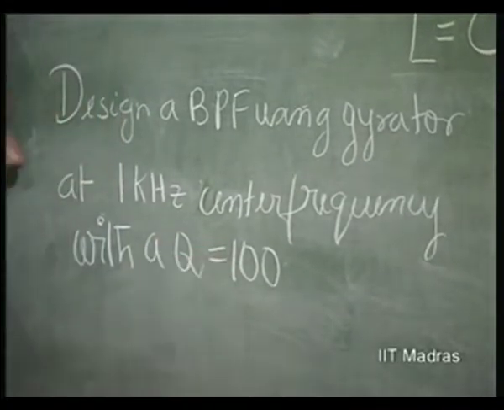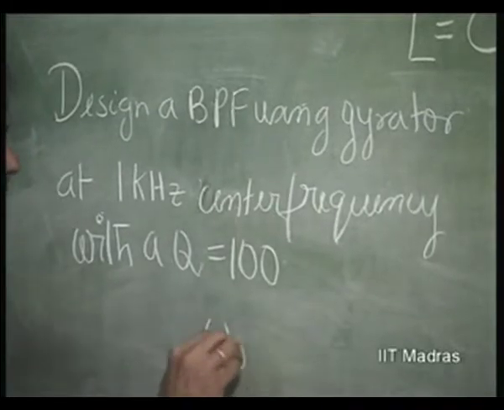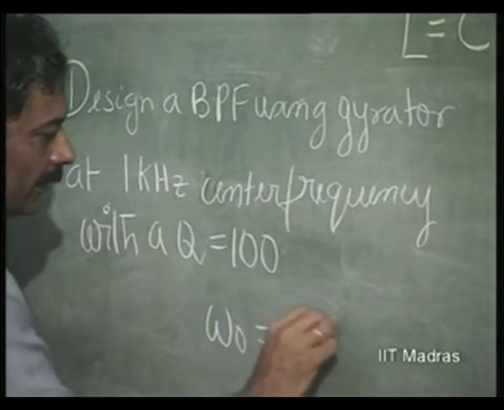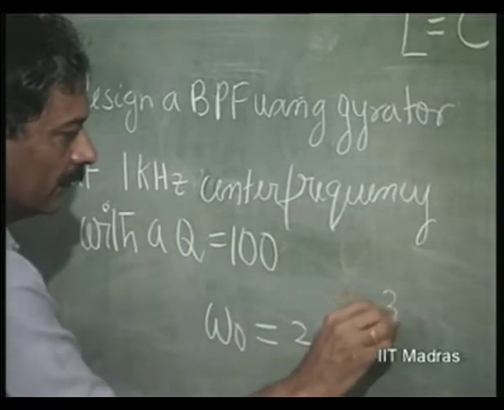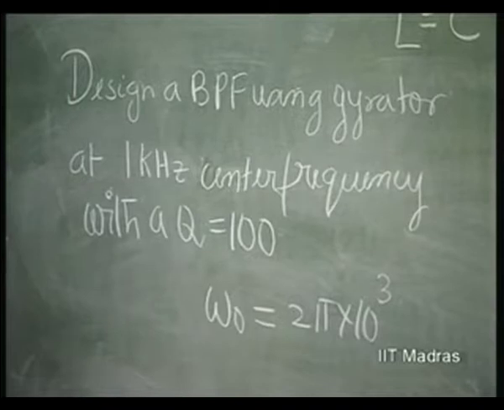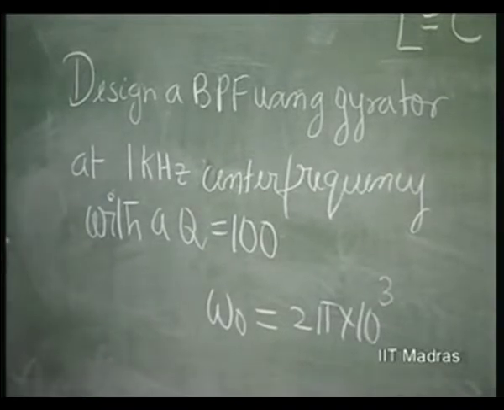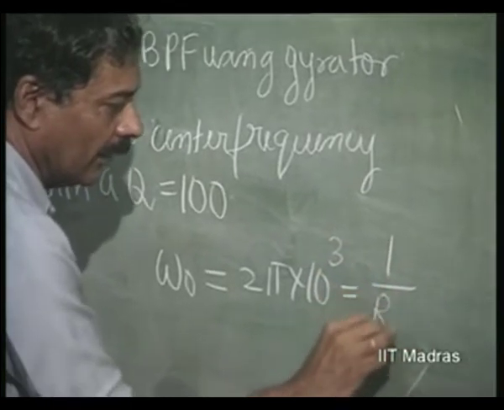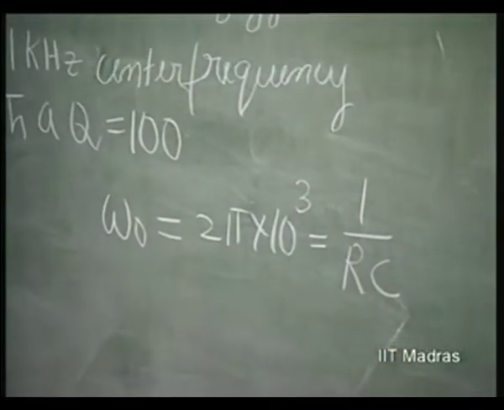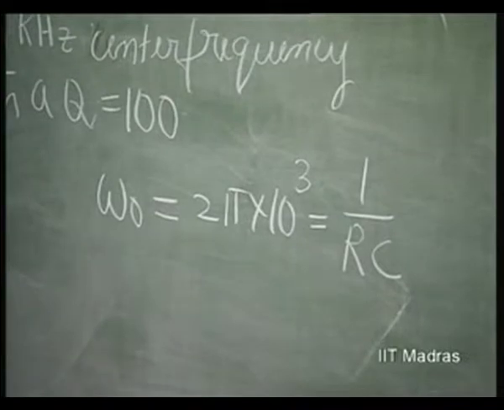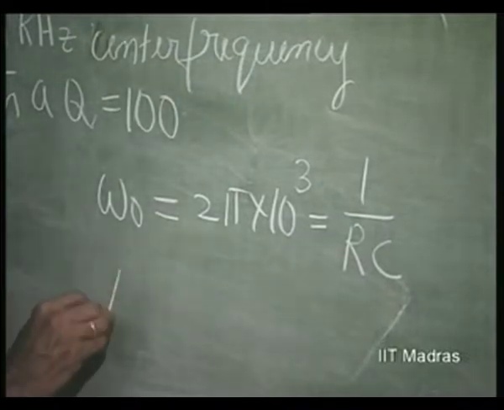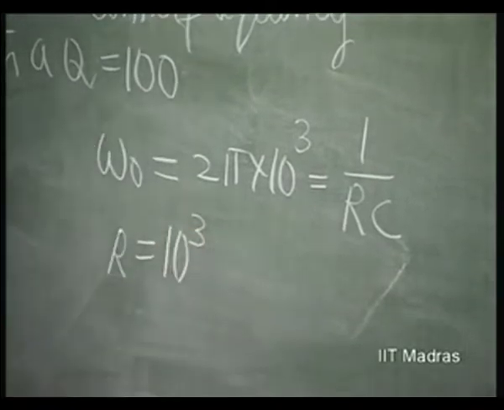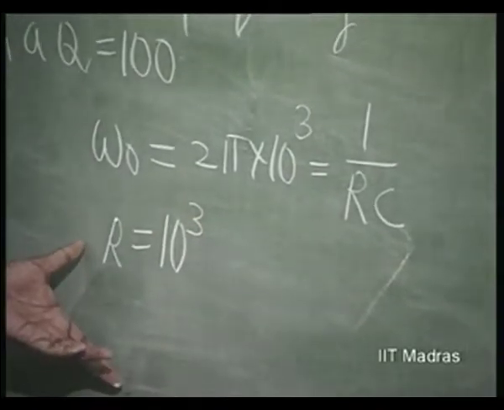Circuit is the same, omega naught is given as 1 kilohertz, that means 2 pi into 10 to power 3. This is equal to 1 over R into C. For a change, we will take R as 1 kilo ohm. Last time we took it as 10 kilo ohm.